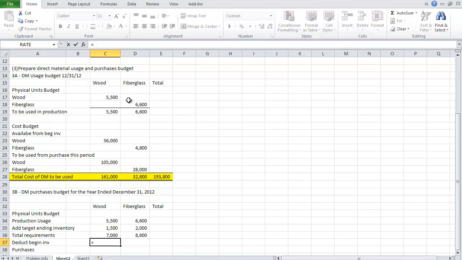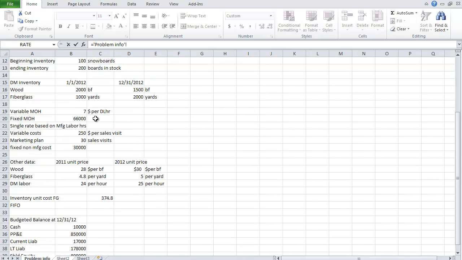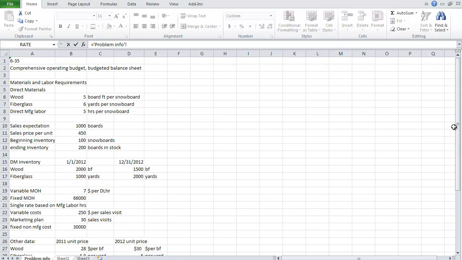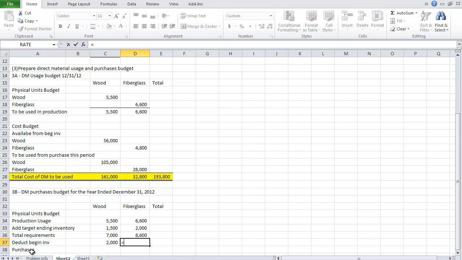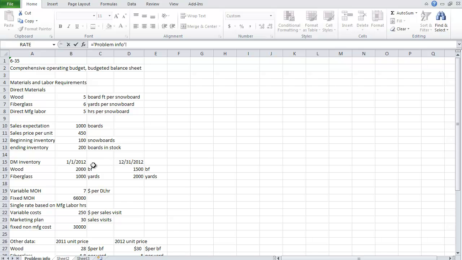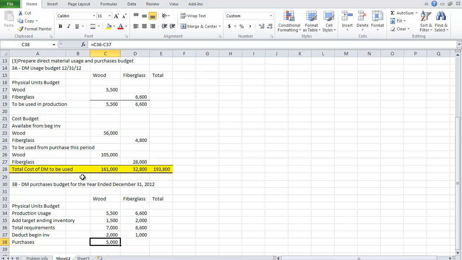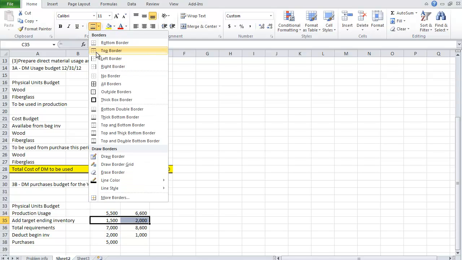So in beginning inventory, I have 2,000 for wood, and for the fiberglass, the beginning inventory is 1,000 yards. So then I take the requirement, subtract out the beginning, and that'll get me to the point that I need. Let me just put some formatting in here so that we understand when we're subtotaling.